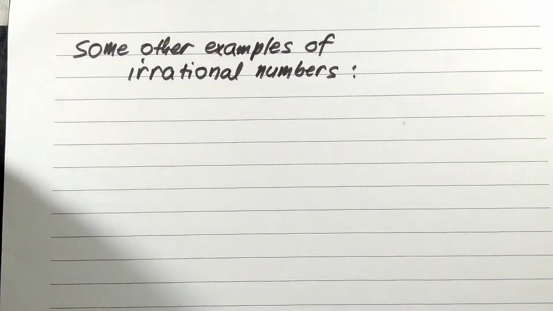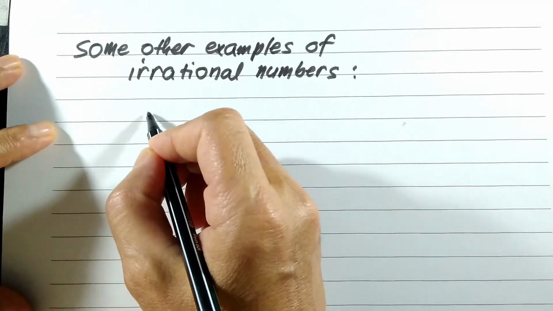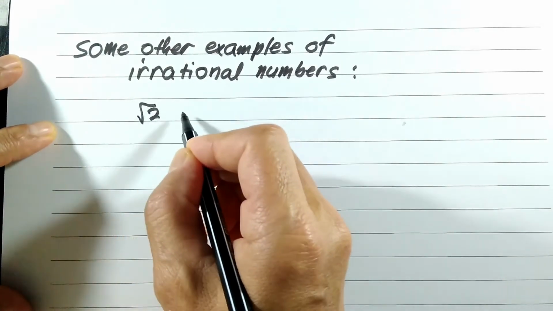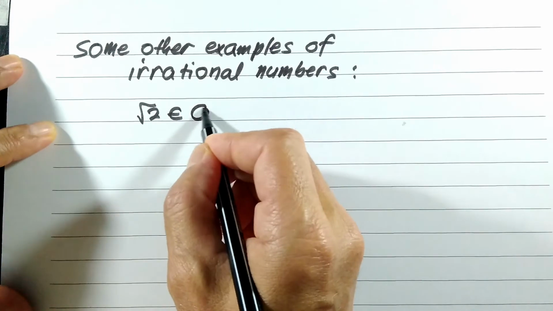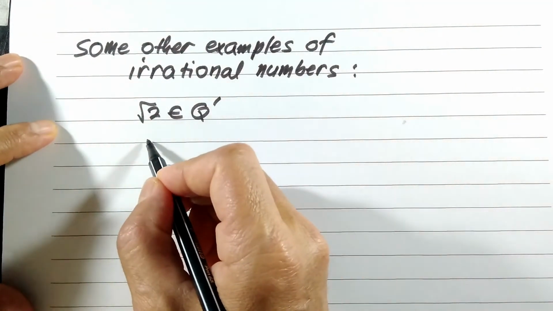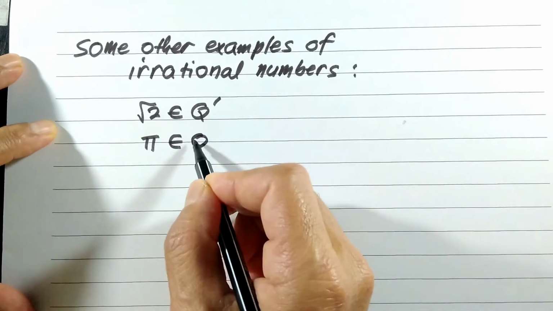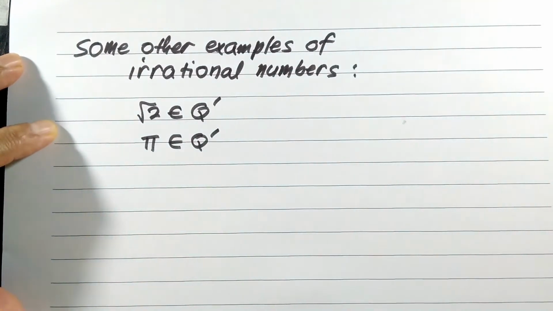So we already explained that square root of 2 is an irrational number, right? We also have shown that pi is an irrational number. What are the examples of irrational numbers?